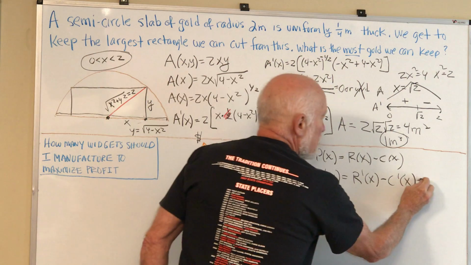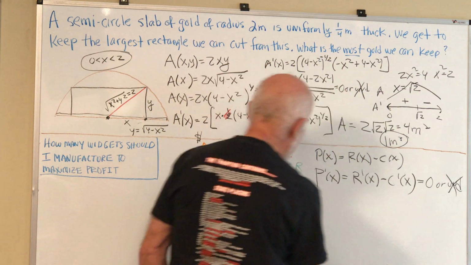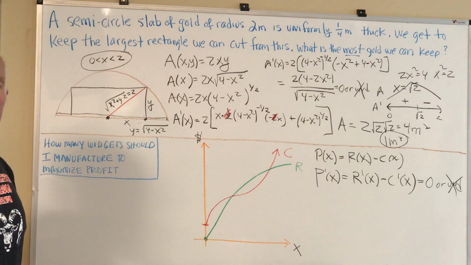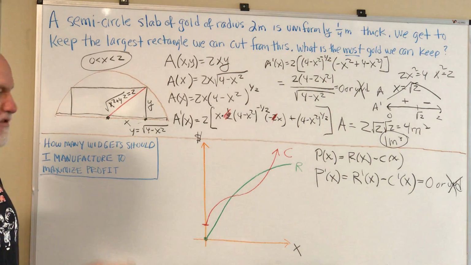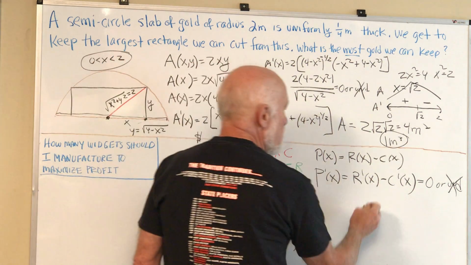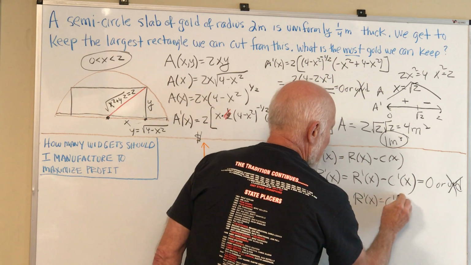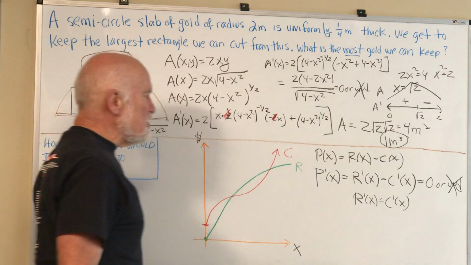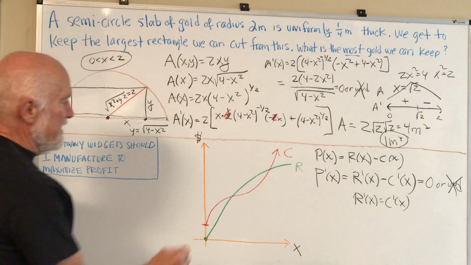And you would set that equal to 0 or undefined. And usually there isn't any place where these curves have an undefined derivative. They're usually fairly smooth. So basically, it's going to be when r prime of x equals c prime of x. And this is what I showed you kind of before on the graph, and now we've kind of proved it.